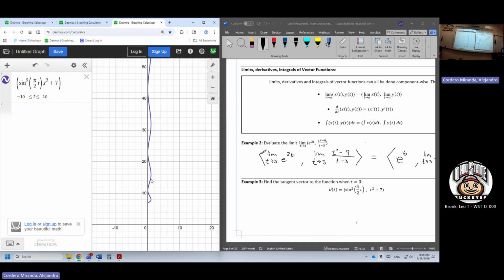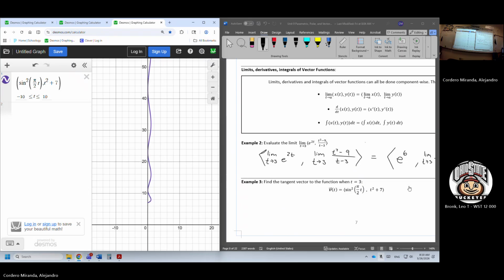When you see it, maybe it makes sense why it looks this way. On the x-axis, you're just doing a sine squared, so going from 1 to 0, 1 to 0, 1 to 0. And on the y, you're going up forever by more and more. So you get those little short wavelengths getting bigger and bigger as y grows quicker.